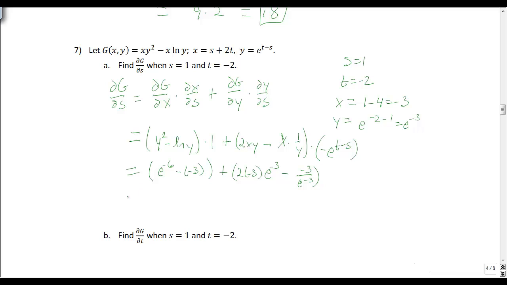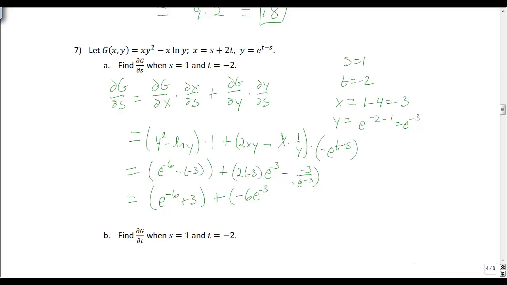We should probably do some work on this. So this is, whoops, e to the negative 6 plus 3 plus, okay, I'm going to get a minus, well, let's do the plus. Here, minus 6 e to the negative 3. Clean that up there. Minus 6 e to the negative 3. And minus cancel. I'll get 3.